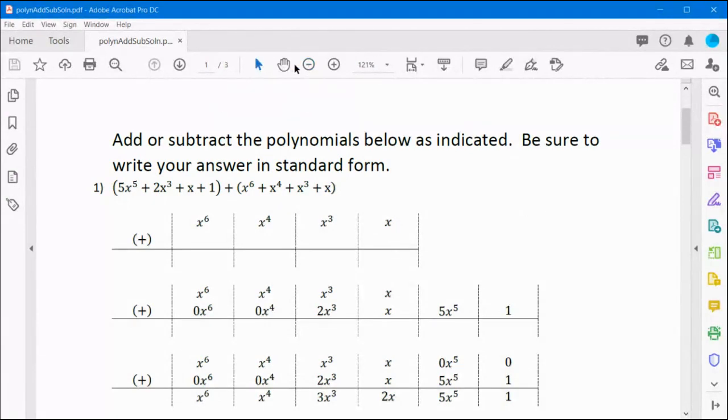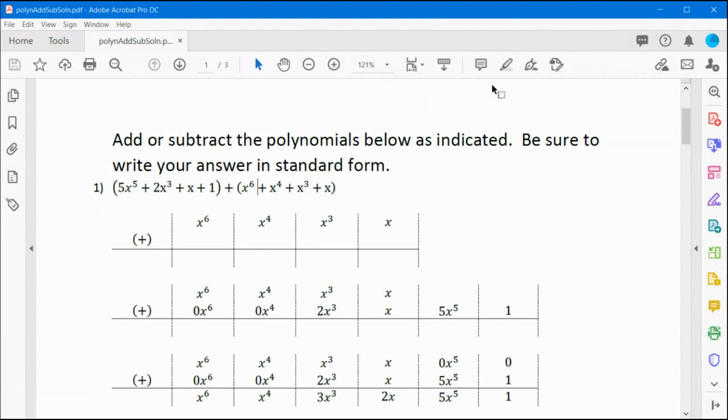What I did, kind of randomly, was put the second polynomial on top, the x to the 6 here.